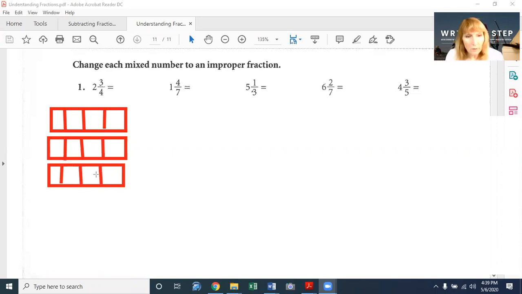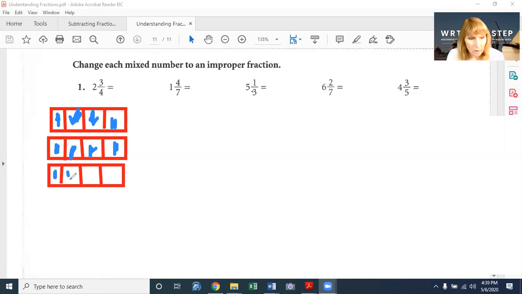Okay, now I have to color in 2 whole pizzas. That's what the 2 says. So I have to color in this whole pizza here, right here. And then the fraction part says I have to color in 3 more out of the 4.